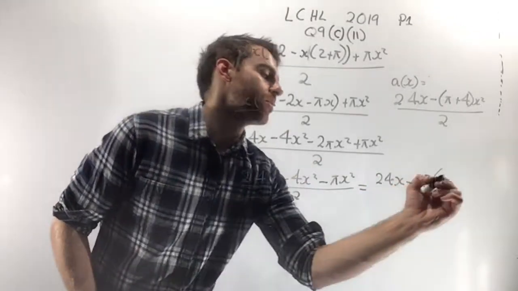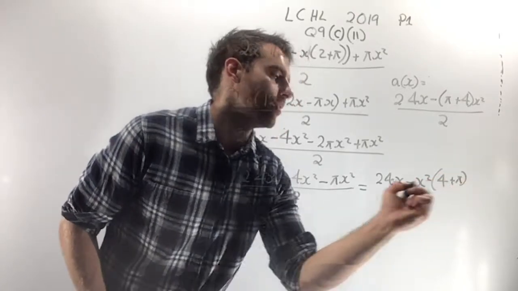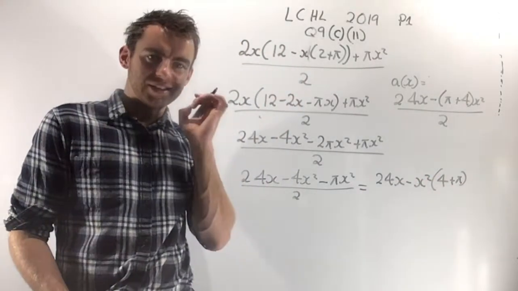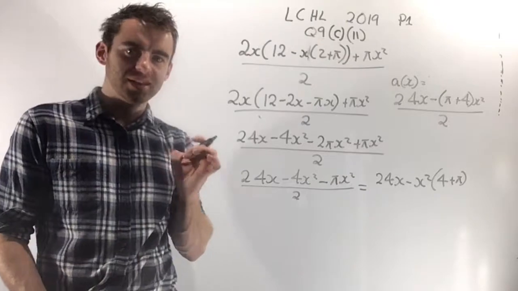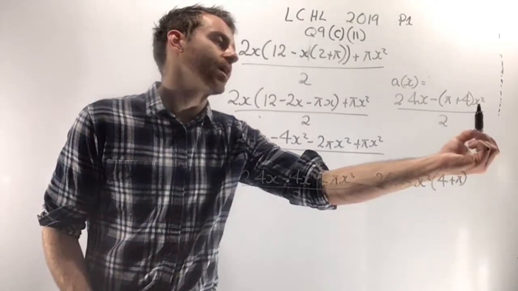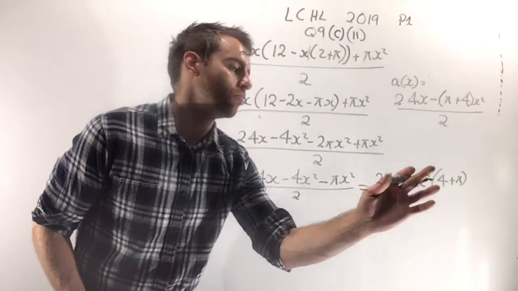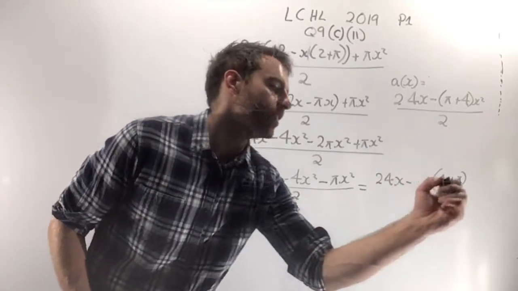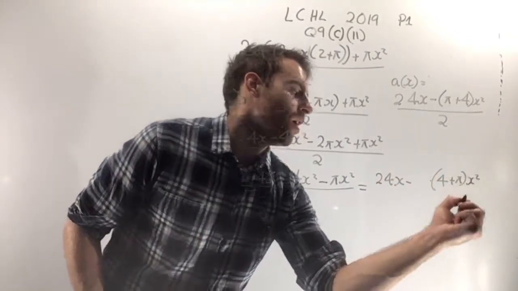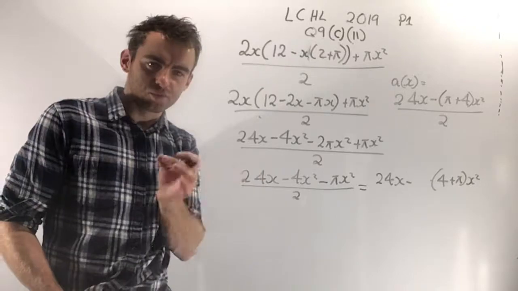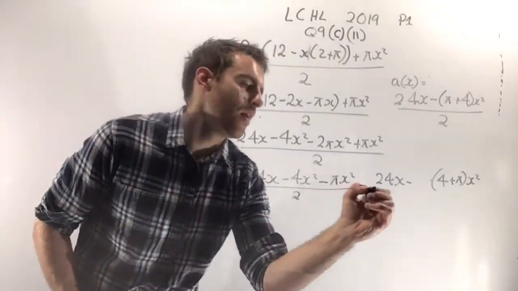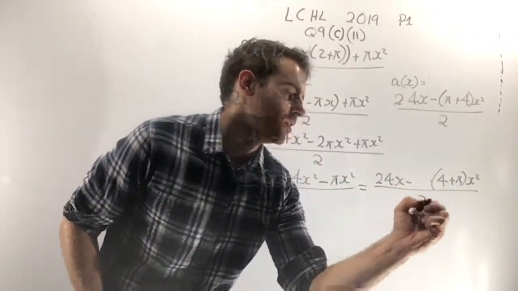Minus x squared out of the second term gives me plus pi. But we should leave it exactly the same way as they have it in the exam. So in the exam, they put the x squared at the end of the bracket. So rather than putting the x squared in front of it, I'm going to move it there. I've factorized out minus x squared. I'm just writing it in a different order. And then the whole thing is still over 2.